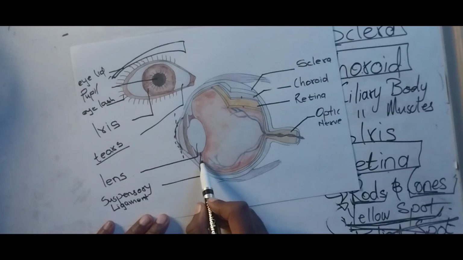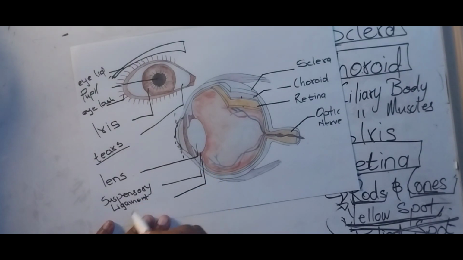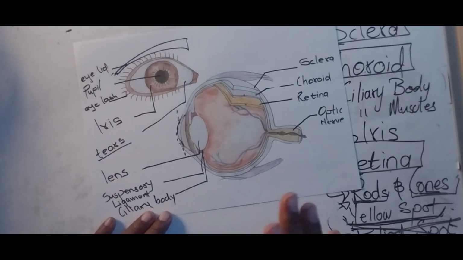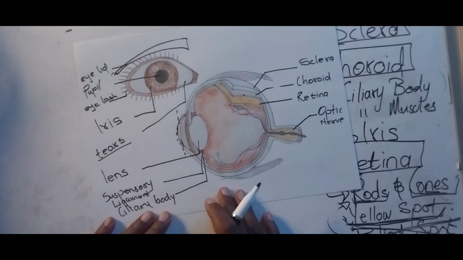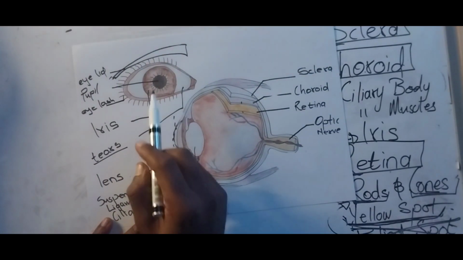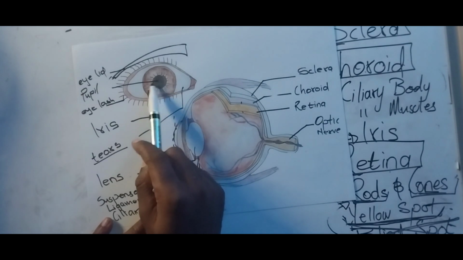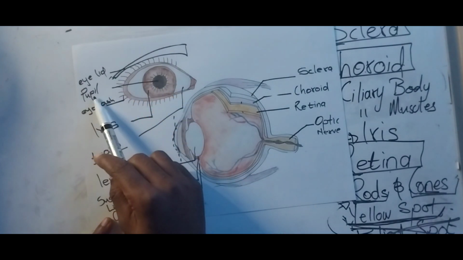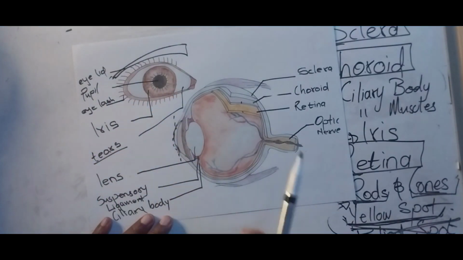And then these suspensory ligaments are attached to the ciliary body. Ne? Pretty simple. Okay, going back to pupillary mechanism. Now, pupillary mechanism, it tells you that we are going to deal with the pupil size. Okay, that's what we do.